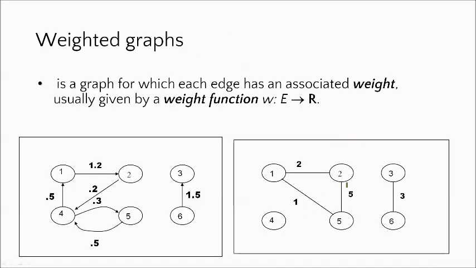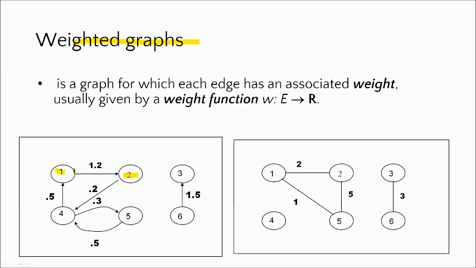So next is the weighted graph. So we have the simple graph, we have the directed graph. The next is the weighted graph. What is a weighted graph? It is a graph for which each edge has an associated weight. So meaning to say, for example, this one. I have vertex 1, I have vertex 2.